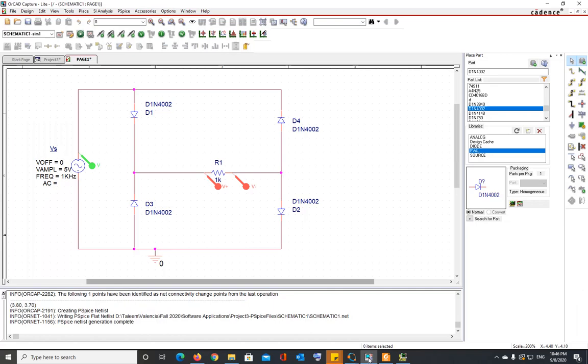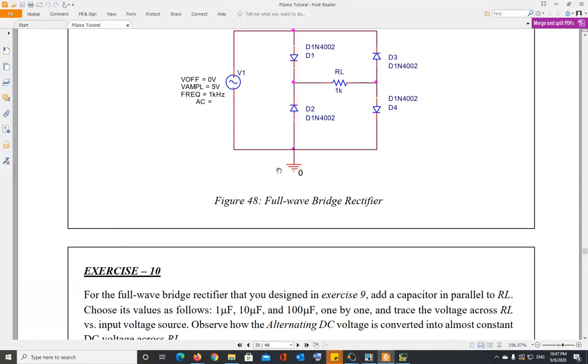And then you're going to take that 1 microfarad out of the circuit and replace it by 10 microfarad. Then observe the output again, run the simulation. Every time you change the capacitor, you have to run the simulation. You will see that the output is going to become smoother.